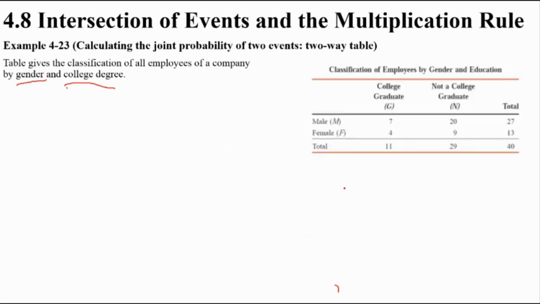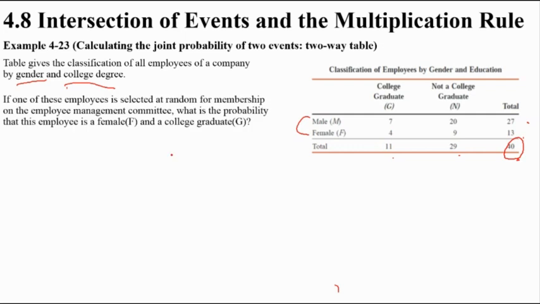All right, next one, an example. Given the table of employees in a company by gender and college degree. Male 27, female 13. College graduates 11, and not graduates 29. That total is 40.